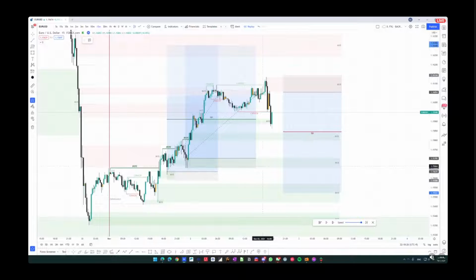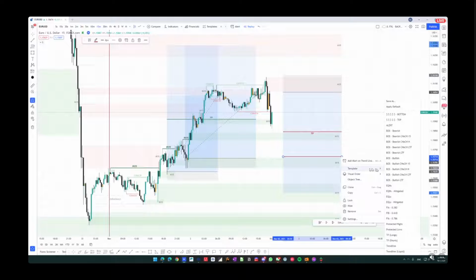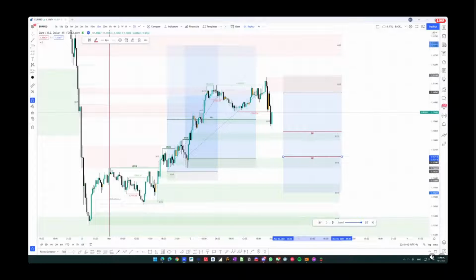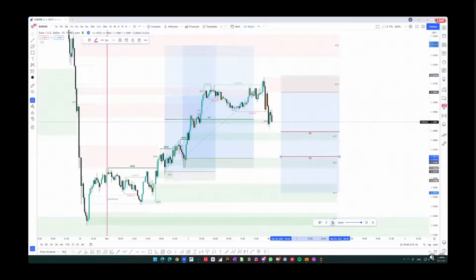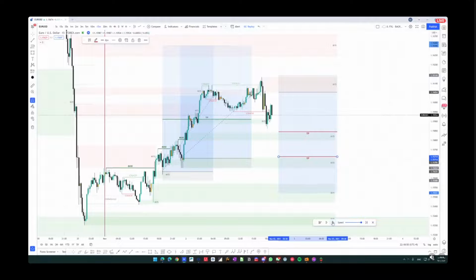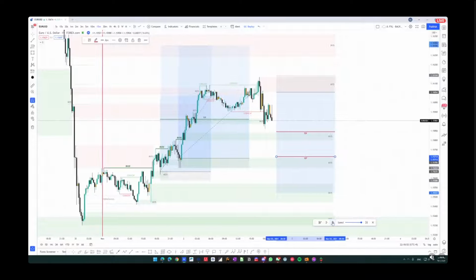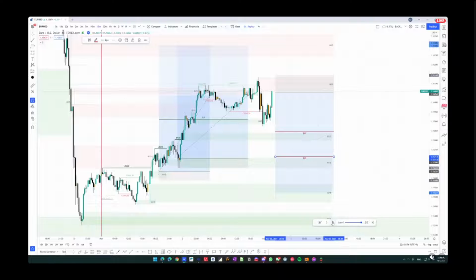So I'm going to already set my take profit areas to here and here. Okay. So let's see if we get tapped in. Okay, we got tapped in.